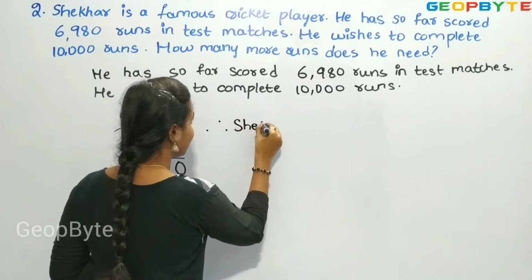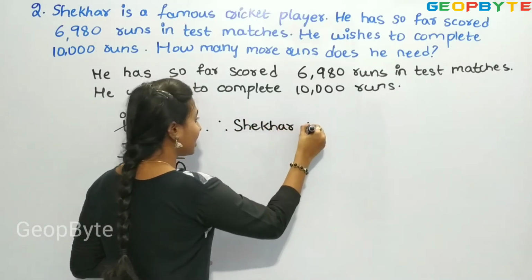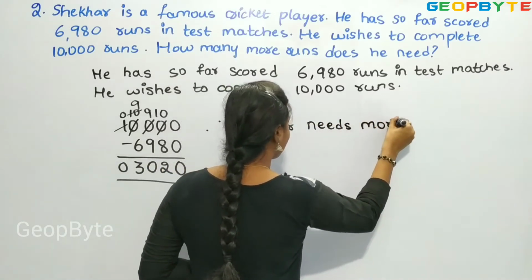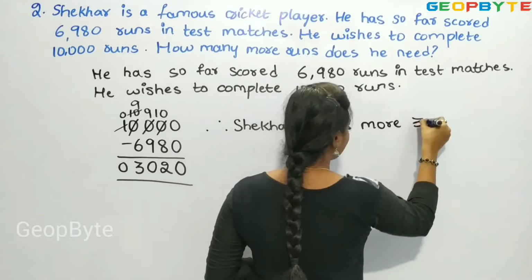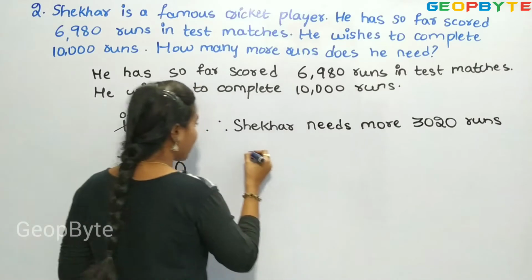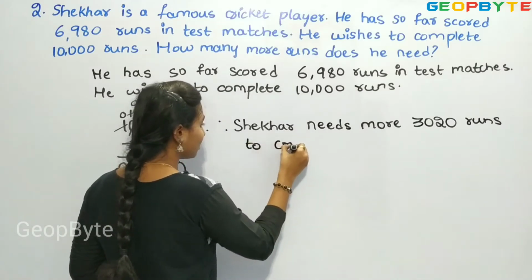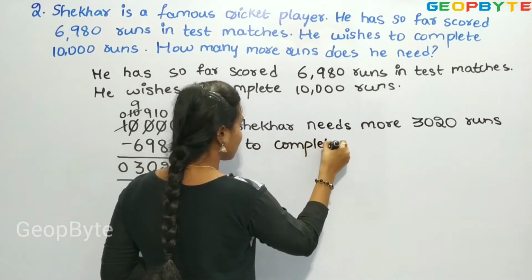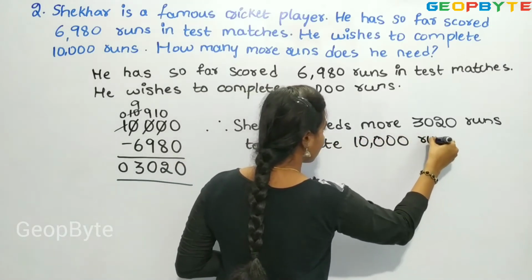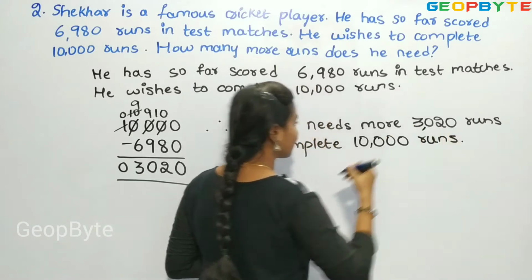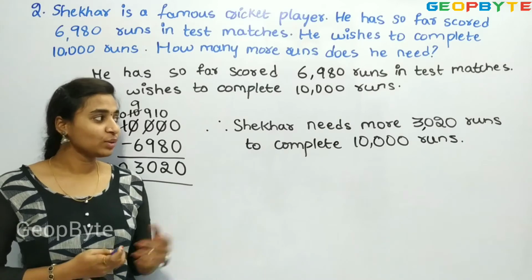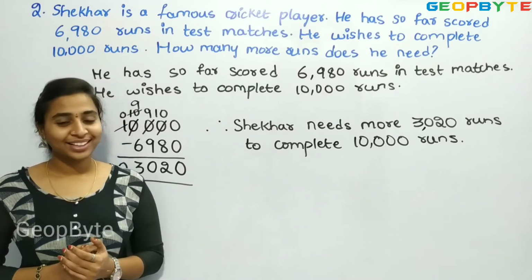Shekhar needs more 3020 runs to complete 10,000 runs. So, Shekhar needs more 3020 runs to complete 10,000 runs.